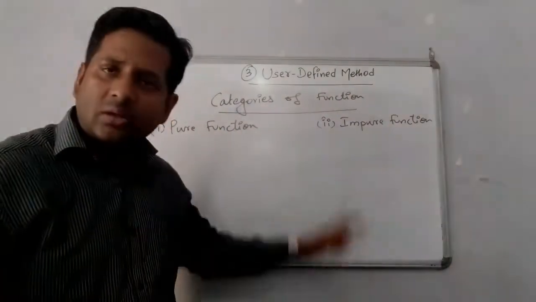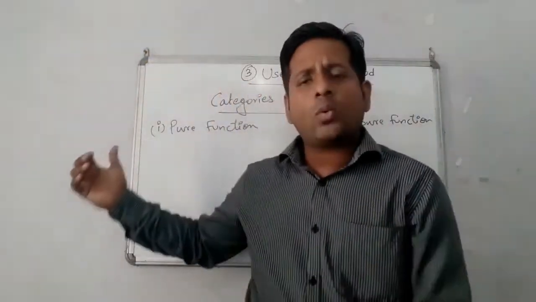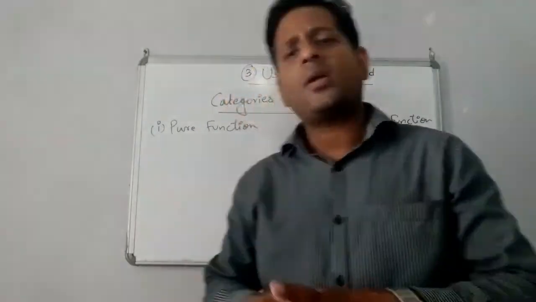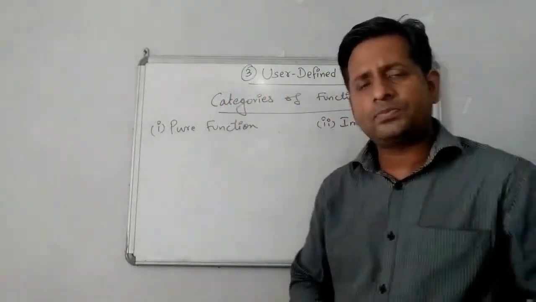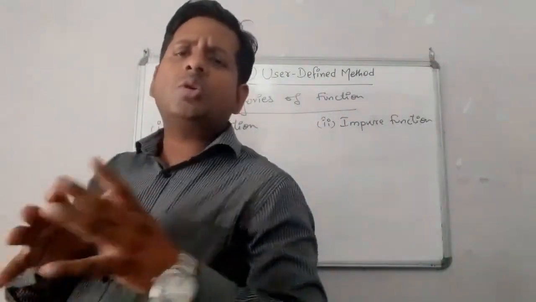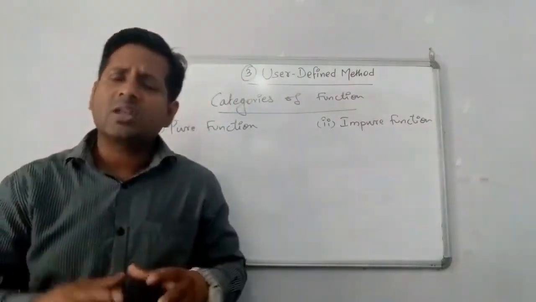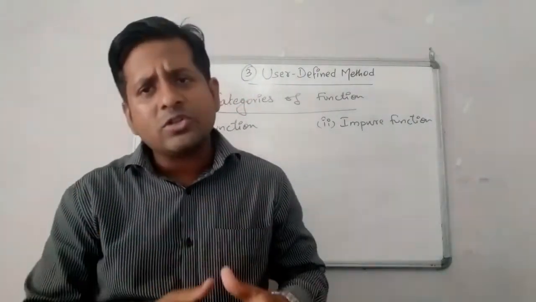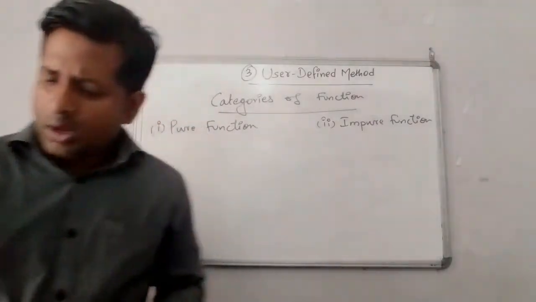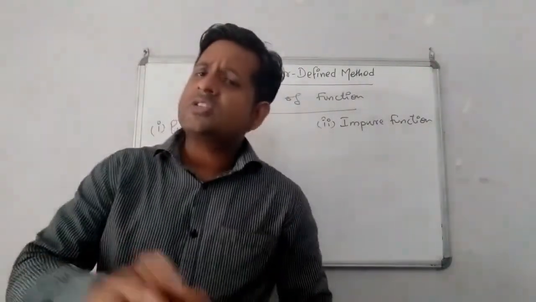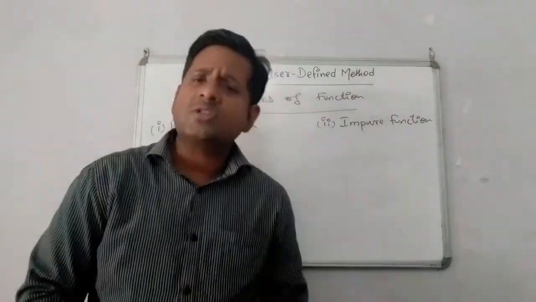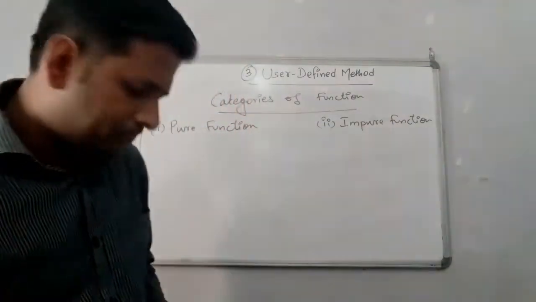Two categories are here. Point number one I have written as pure functions, pure method. Another I have written impure. Pure and impure, these are the two different types of functions. Now let us see which functions are known as pure functions, which functions are known as impure functions.